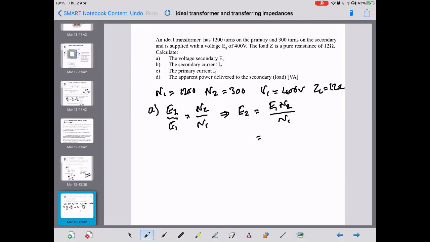That is 400 volts times N2, 300 turns, over N1, 1200 turns.